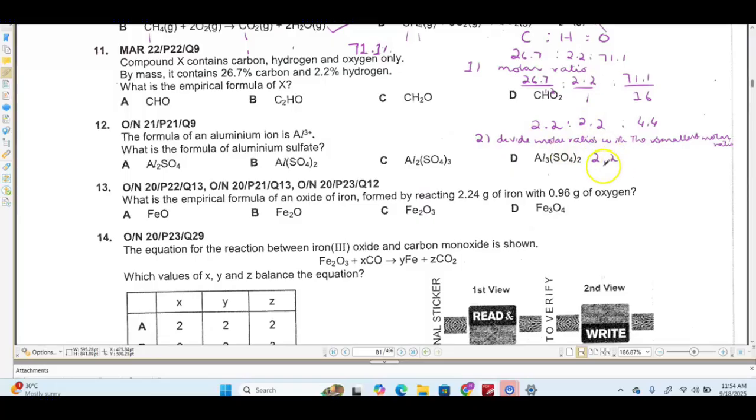So 2.2 over 2.2, 2.2 over 2.2 and 4.4 over 2.2. So these two are going to give us an answer of 1:1 and this is going to give us an answer of 2. So this compound contains carbon in the ratio of 1, hydrogen in the ratio of 1 and oxygen in the ratio of 2. So CHO2 is the empirical formula for this compound. So D is our correct option.